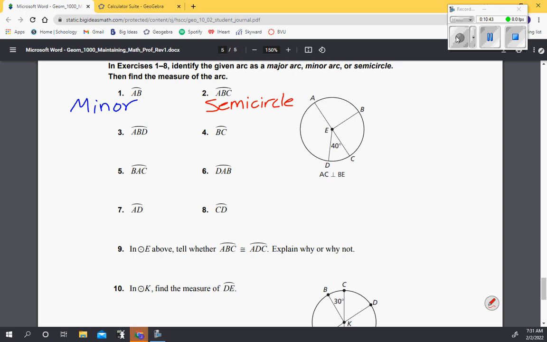ABD, all the way down here, that is a major arc. BC, that is a minor. BAC goes all the way around, that's a major arc.